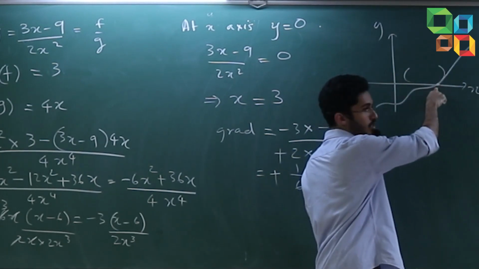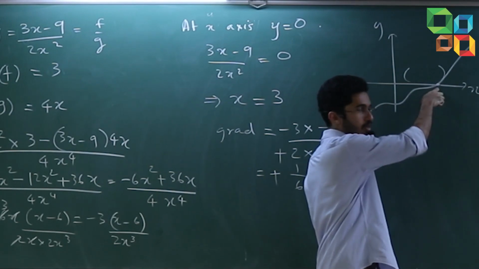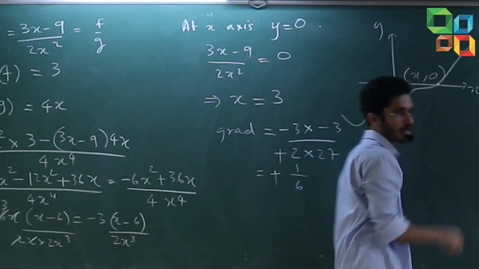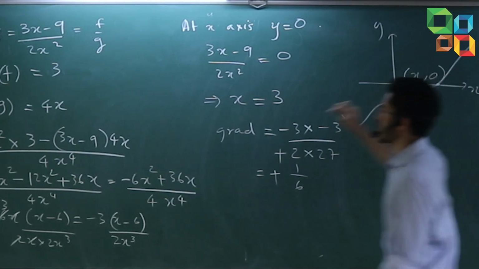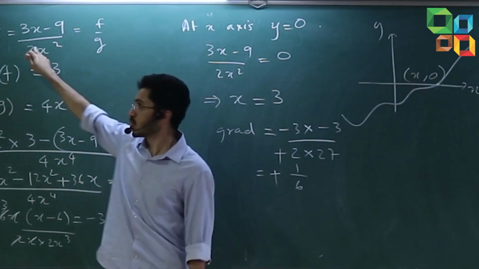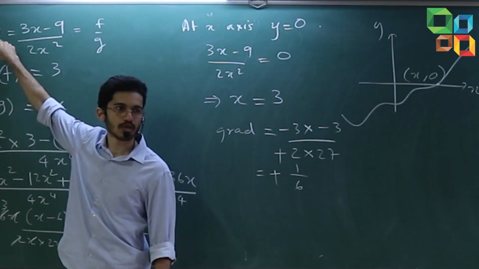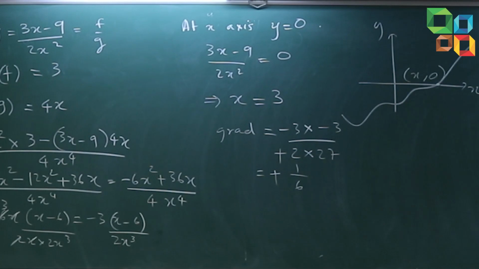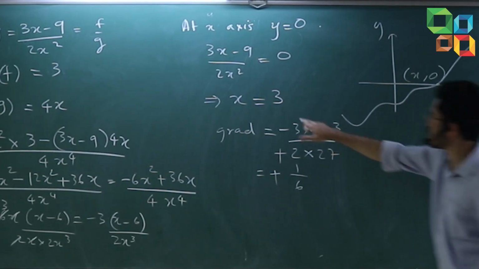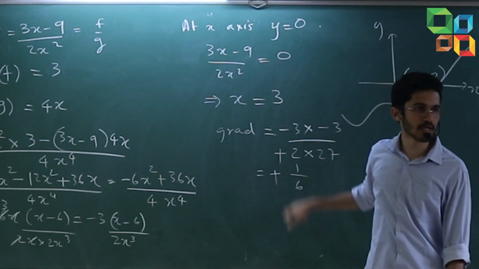If it's here, what is the y-coordinate? X comma 0 are the coordinates of it, right? So y-coordinate is 0. Now you know that the curve satisfies this equation. So if you plug in y equal to 0, you can find the value of x for which y becomes 0. And then that x happens to be 3. Then you can substitute it.